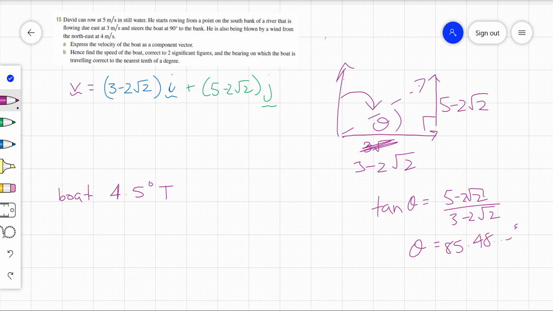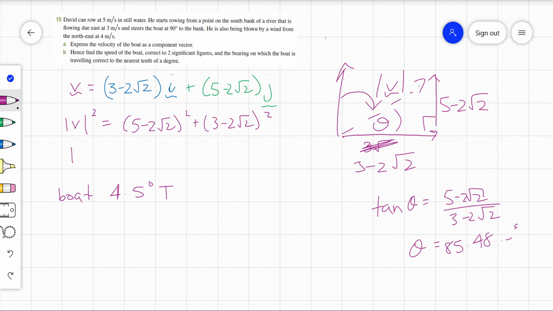And then if we want the actual velocity, we'll just find it using Pythag. So I want the distance. This is my vector v. So the distance squared is equal to 5 minus 2 root 2 squared plus 3 minus 2 root 2 squared.